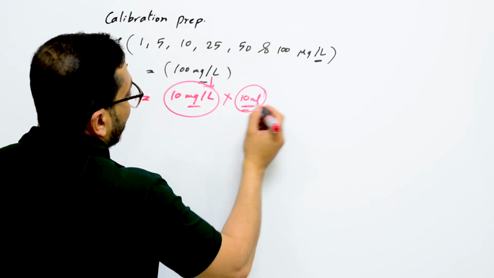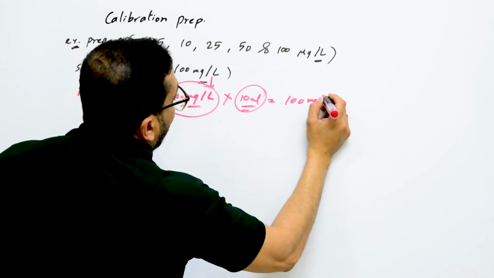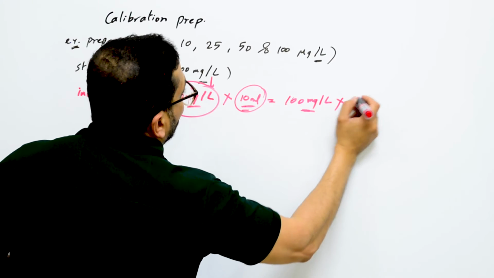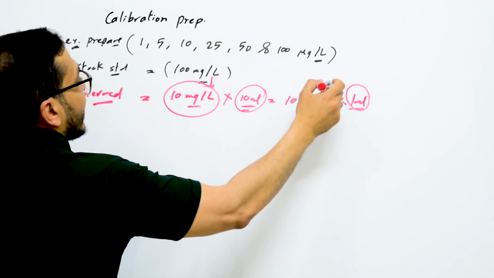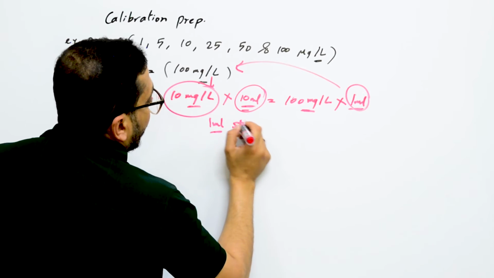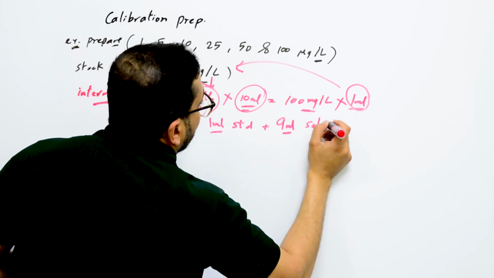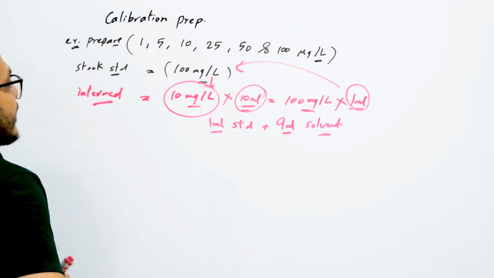So 10 milligram per liter in 10 ml from 100 milligram per liter. We need to add 1 ml from this standard plus 9 ml from the suitable solvent you selected.